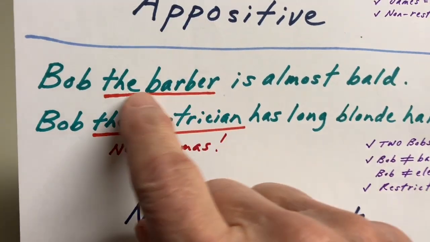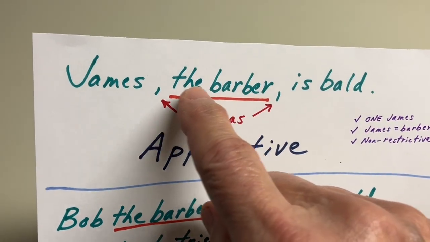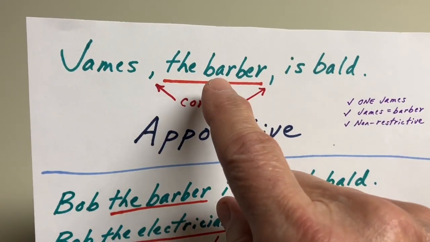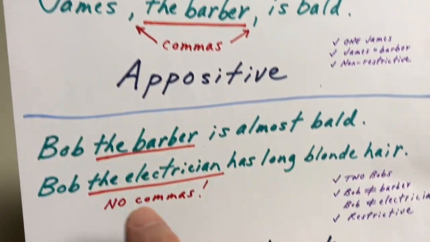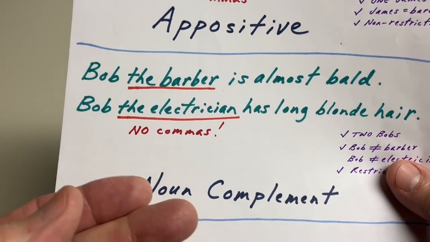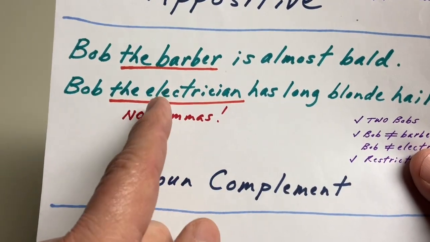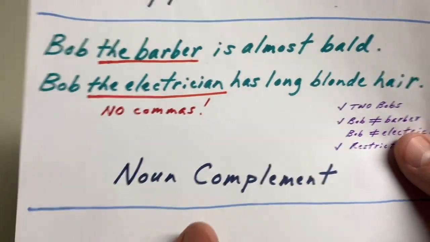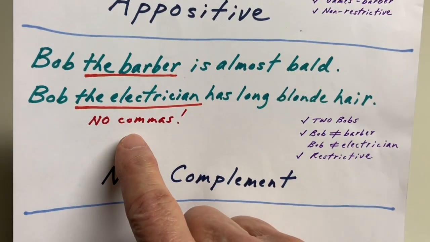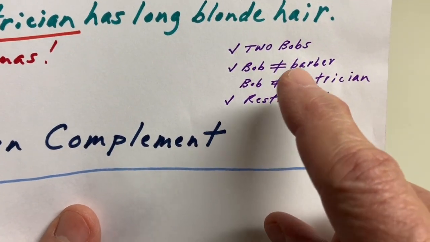There are no commas here. These are not appositives, which rename the thing that they're referring to. So you see here that in this circle of friends or community or town, there must be two Bobs. One is a barber and one is an electrician, okay? No commas, that's very important. So we have two Bobs, all right?